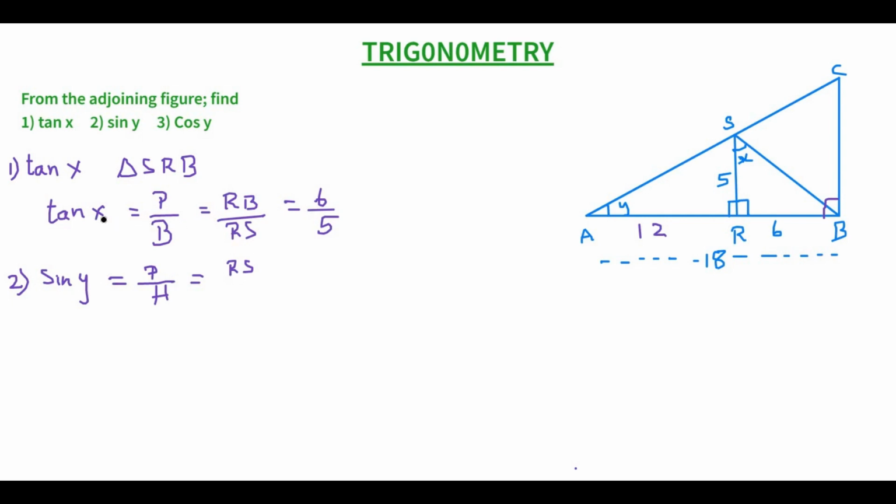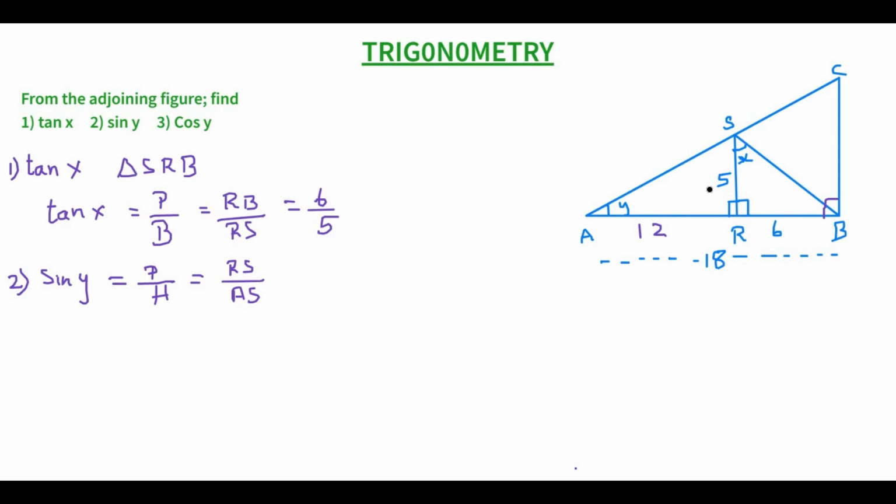Don't confuse this. This is with respect to x. RS was our base, and with respect to y, RS is our perpendicular. So perpendicular by hypotenuse. What is our hypotenuse? AS. But in this case, we know AR and we know RS, but we don't know AS. So now let's find the hypotenuse.